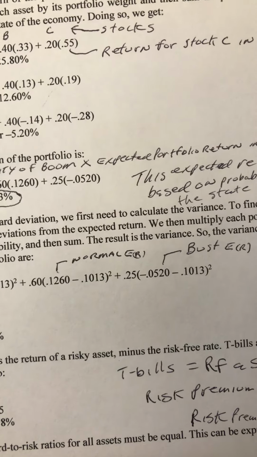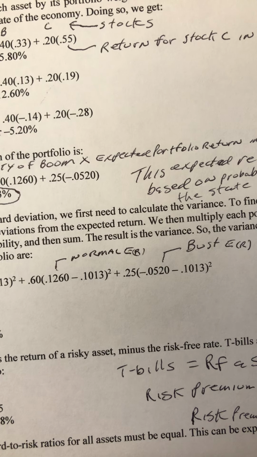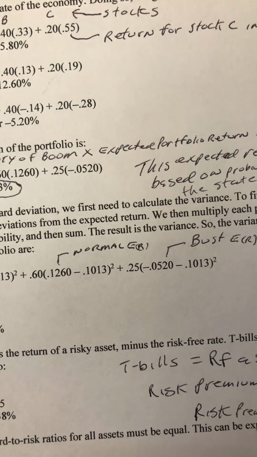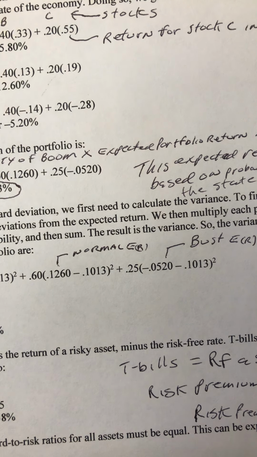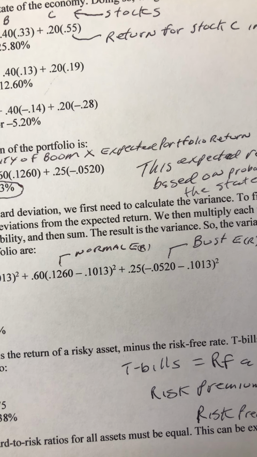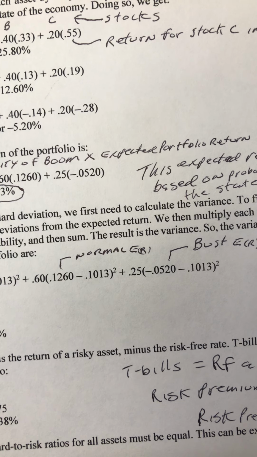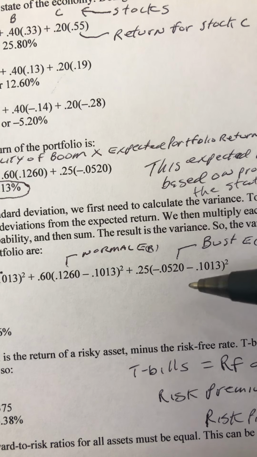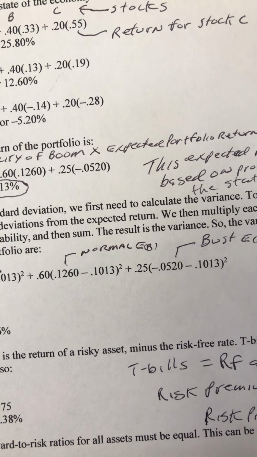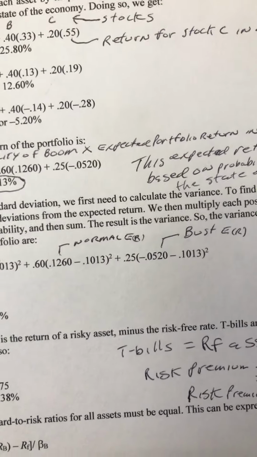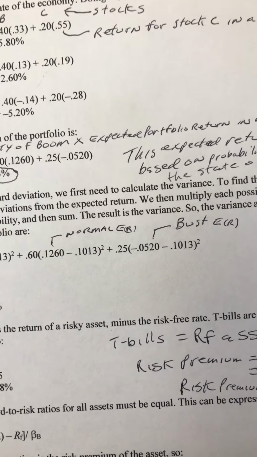So you have minus 5.2 percent, and in decimal form that's minus 0.052, and you subtract from that the 0.1013, and you square that and you multiply it by the probability of the bust state. And when you do that sum of squares calculation, you get a variance of 0.00992, and to get the standard deviation, you take the square root of that.